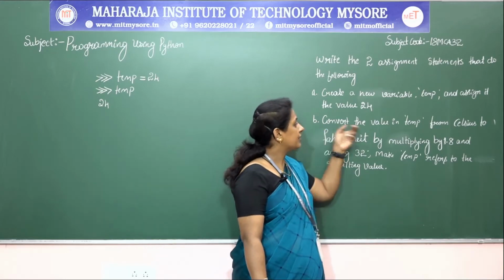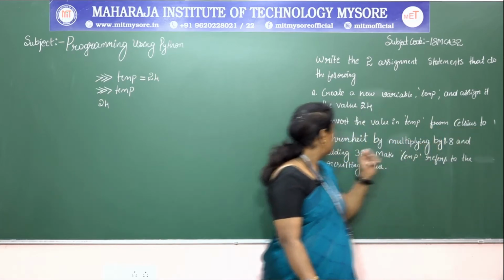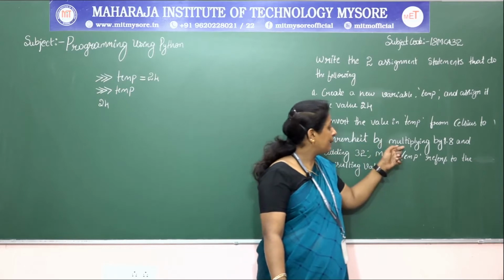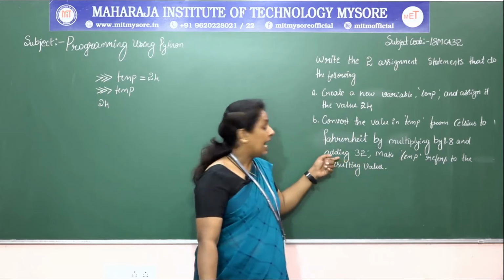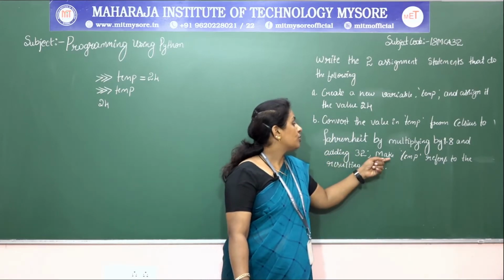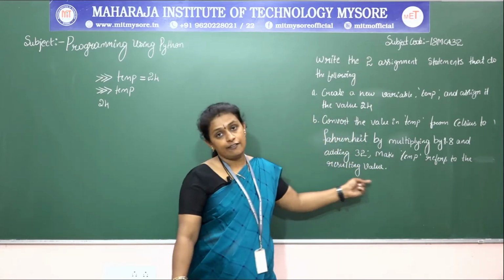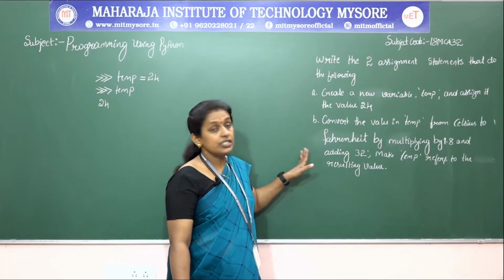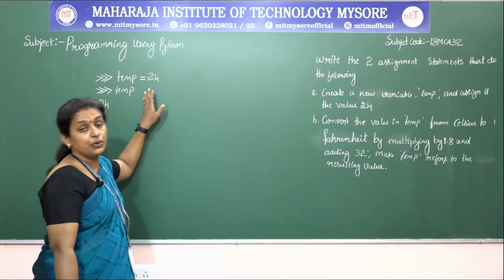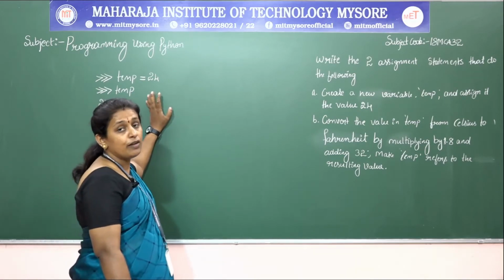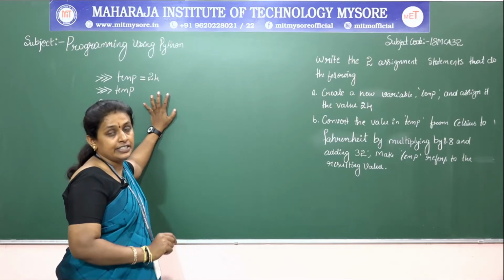Let's go for the second assignment statement. Convert the value in temperature from Celsius to Fahrenheit by multiplying by 1.8 and adding 32. So the question is that we need to convert the temperature value, which is in Celsius, to Fahrenheit.